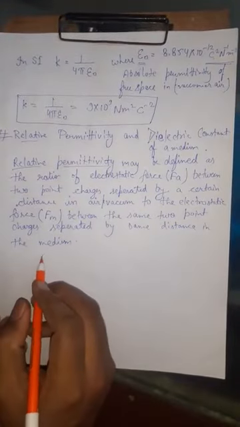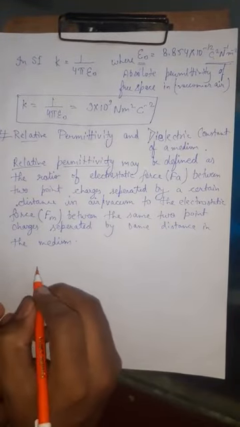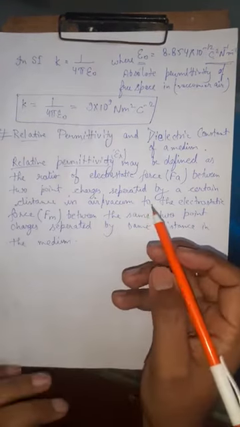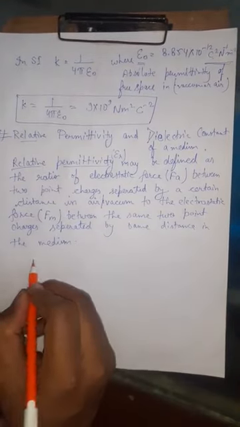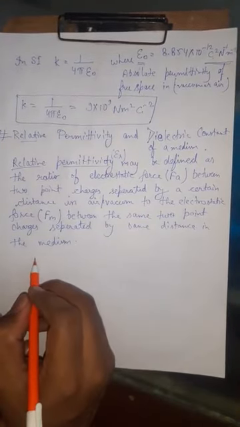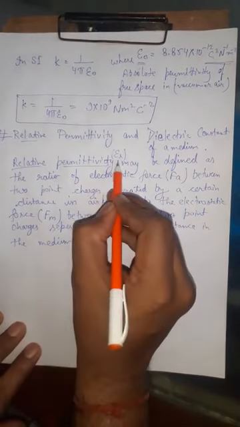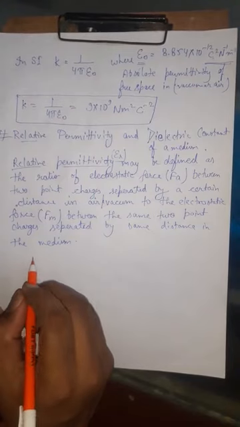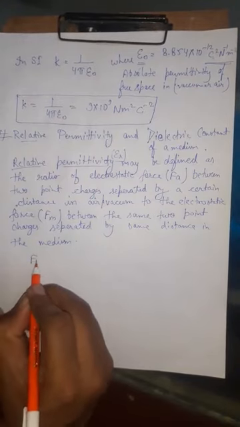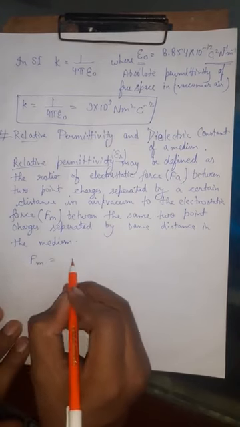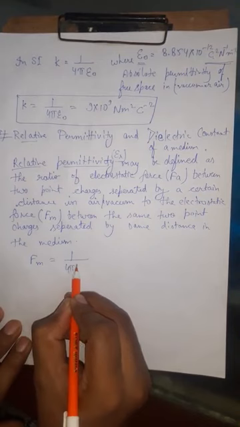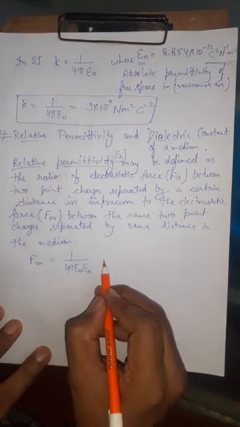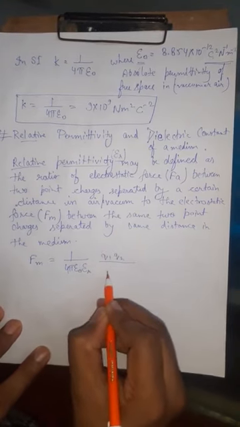To understand, let's write Coulomb's law in a medium of relative permittivity epsilon r. The force in the medium will be equal to 1 over 4 pi epsilon naught epsilon r, q1 q2 over r square.